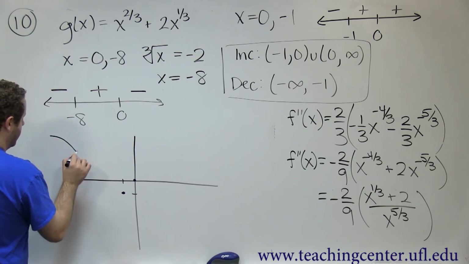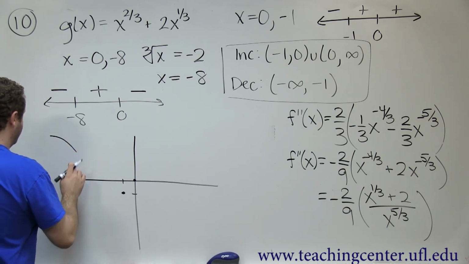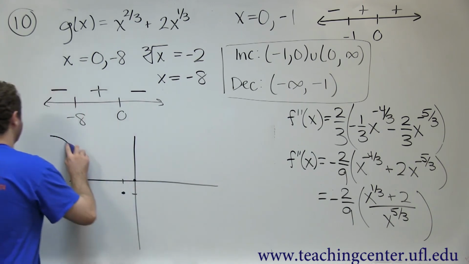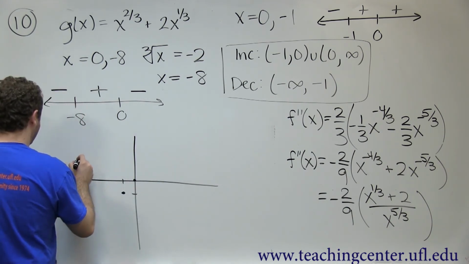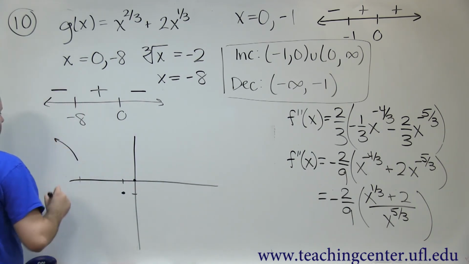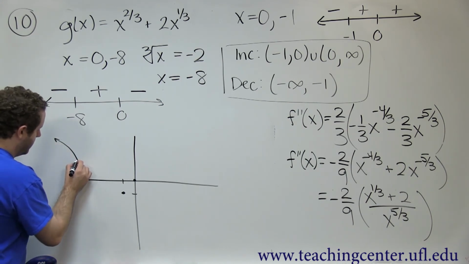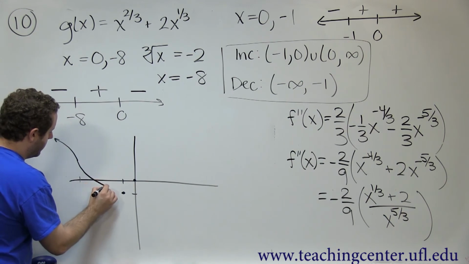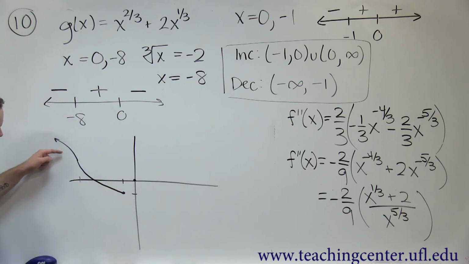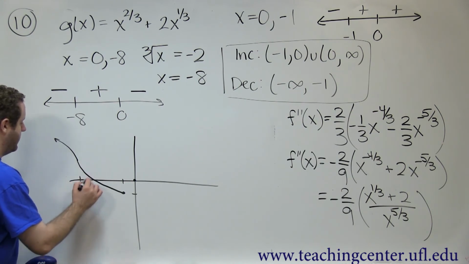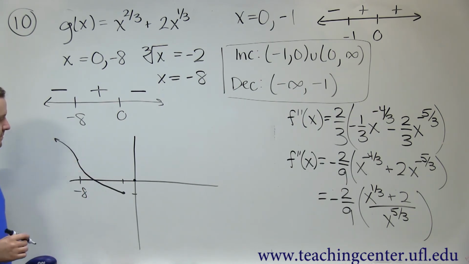This graph is going to be concave down up until that. Let me make that steeper so that it is more obvious. But at this point, it switches to being concave up. So we're concave up, concave down here, concave up after. So this is negative 8. This is our inflection point.